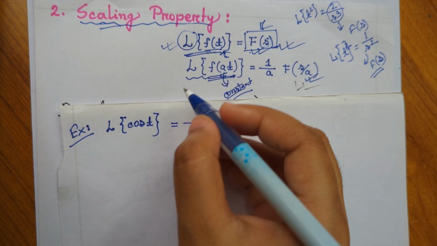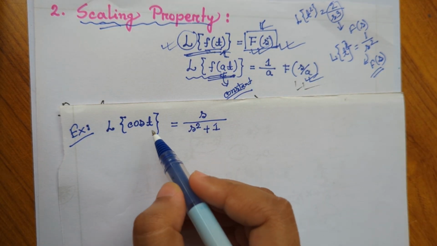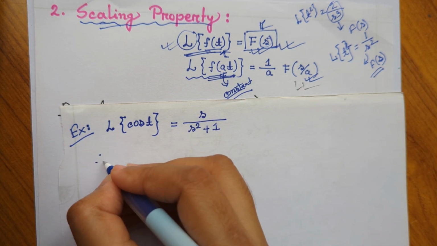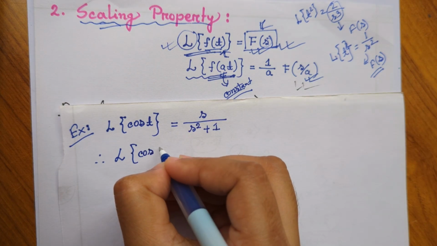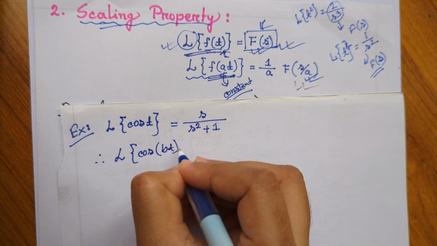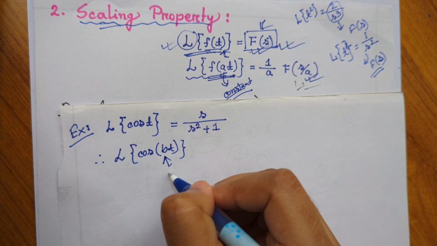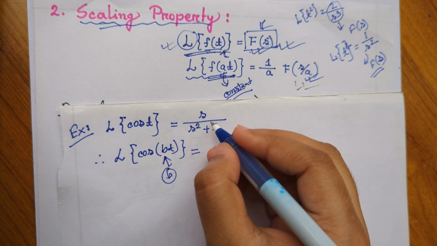Let's see another example of this scaling property. From our third video, we have already proved that the Laplace transform of cos t equals s divided by s square plus 1. Now suppose we have to find the Laplace transform of the function cos bt. The difference between these two functions is only this arbitrary constant b. So according to this scaling property, we will write the answer.